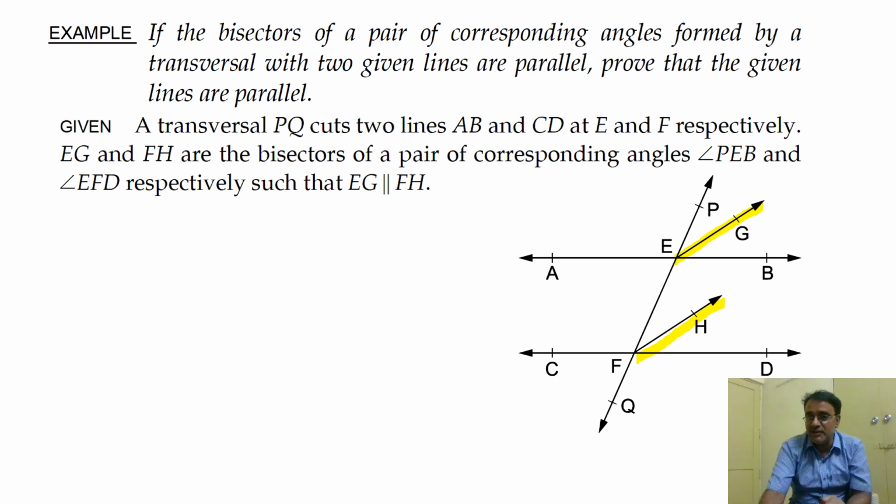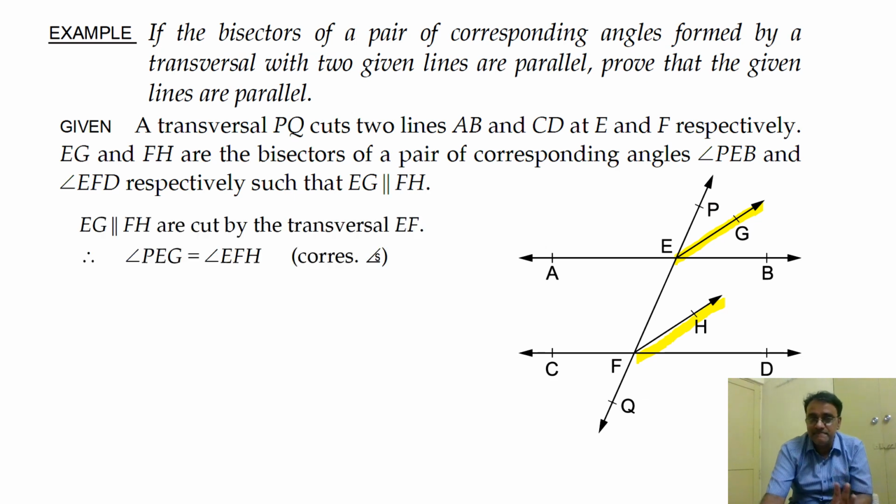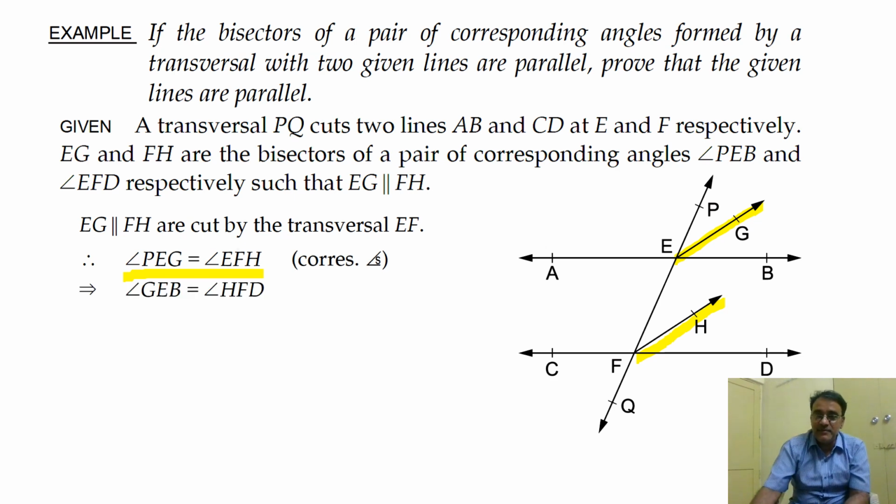First, these two are given as parallel. So these two angles are equal: angle PEG is equal to angle EFH. Why? Because these two are corresponding angles, right? So this will imply these two angles are also equal.